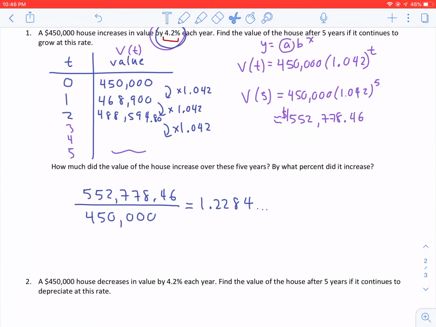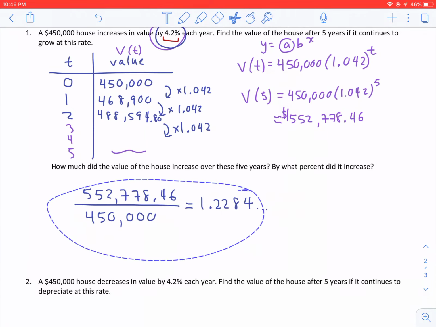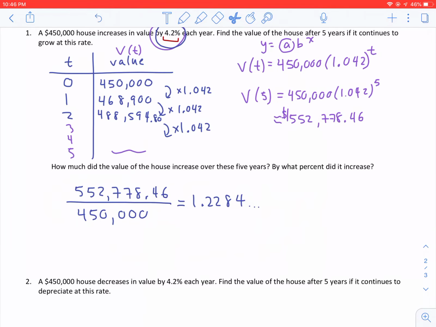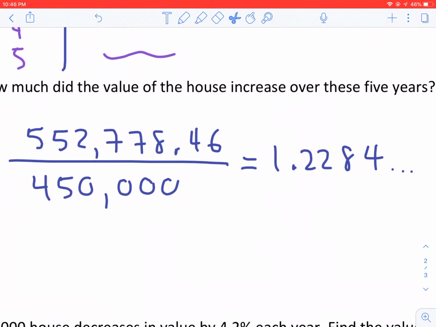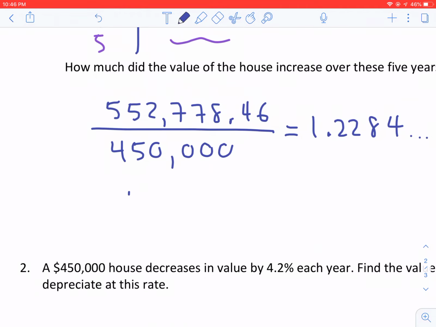And I'm sorry, we didn't answer the first part of the question. So this is by what percent did it increase? We actually didn't finish that. Okay, let's finish by what percent did it increase. So it started at 450,000, it ended at that. Another way to look at this is 450,000 times 1.2284, right?